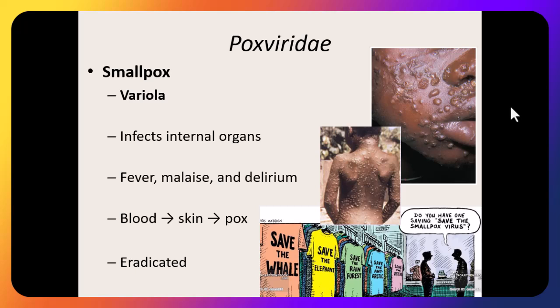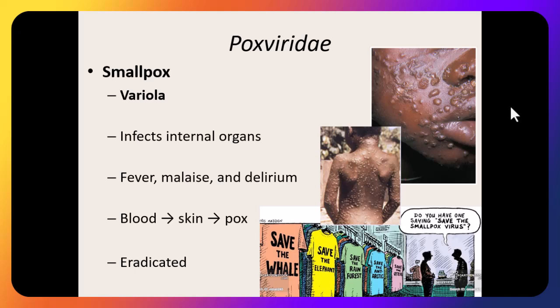No one. Any guess how we were able to eradicate it? Yes? A really good vaccine. And enough people got vaccinated. Now, what made this different than other vaccines, say like COVID, what made it so effective? One, the vaccine was super effective.